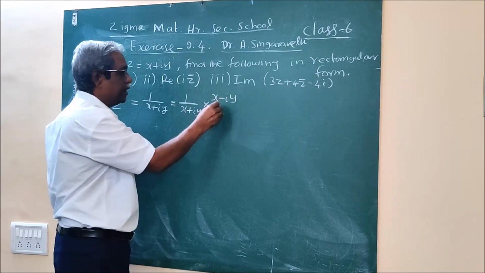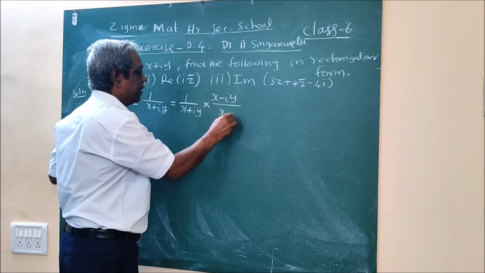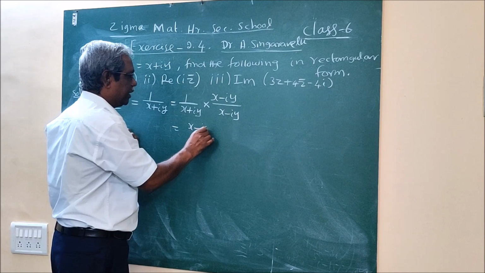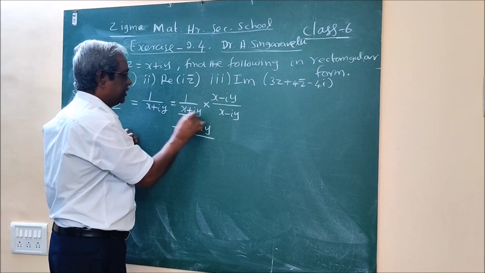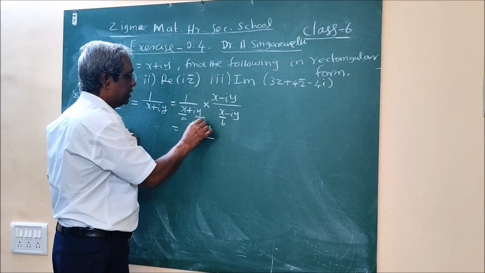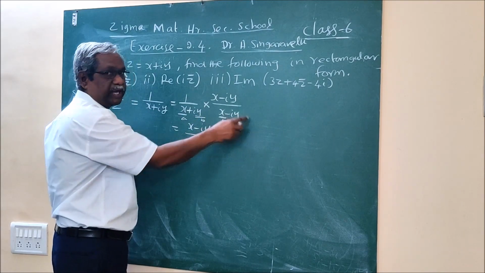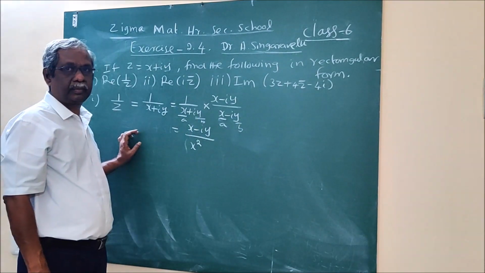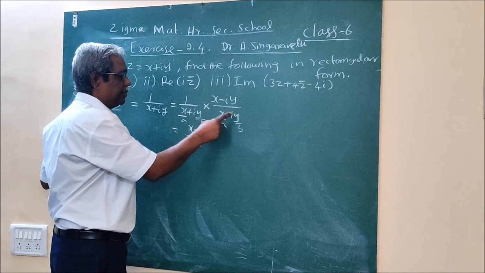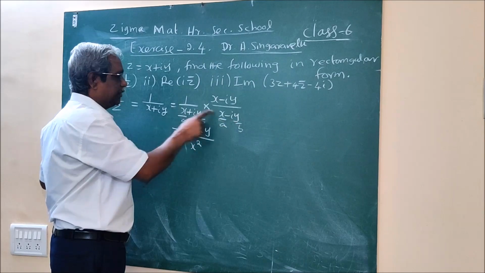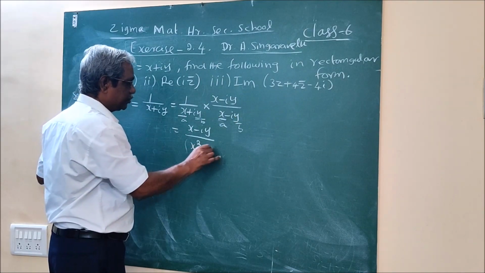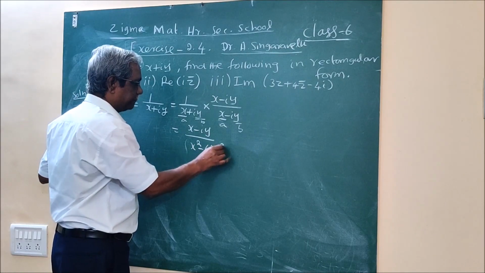X minus iy divided by x minus iy. The denominator is of the form a plus b, a minus b, where a is x and b is iy. So it is a square minus b square, that is x square minus iy whole square.